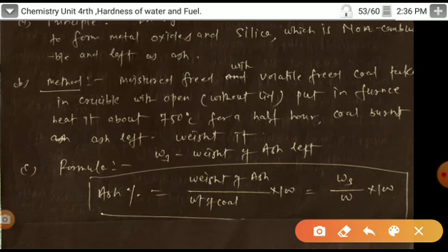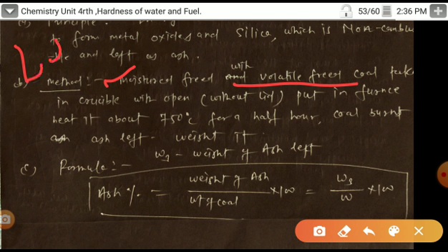The moisture-free and volatile-free coal, having the weight W2, is taken into the crucible with an open lid.